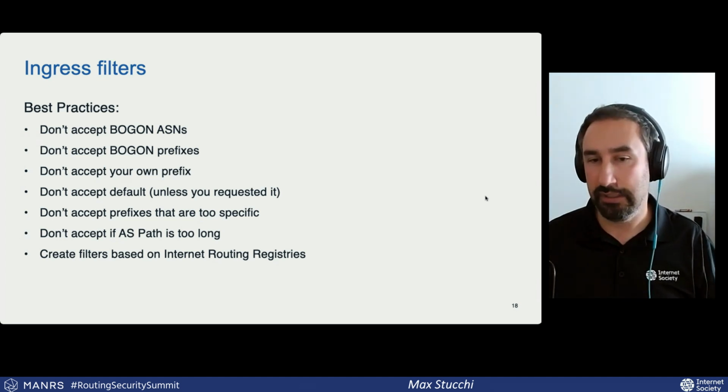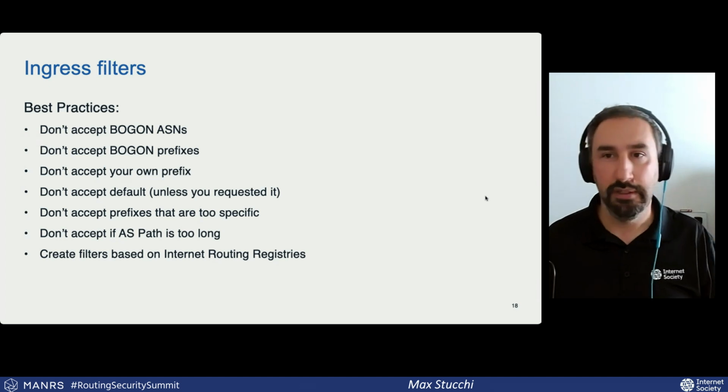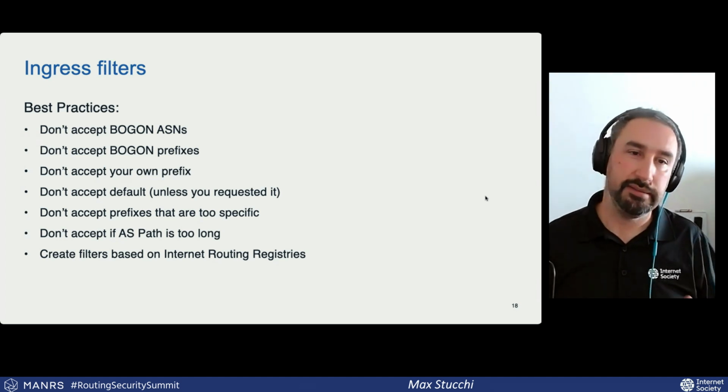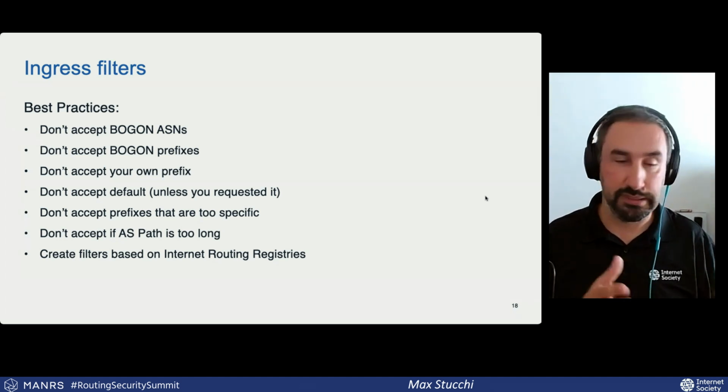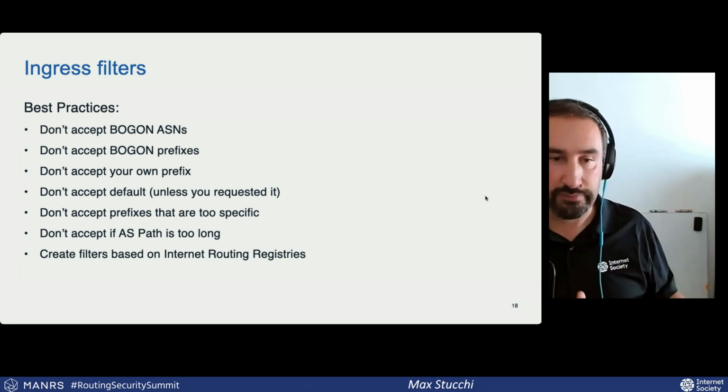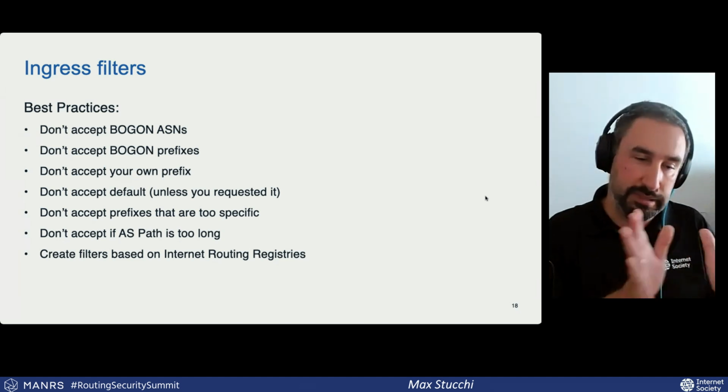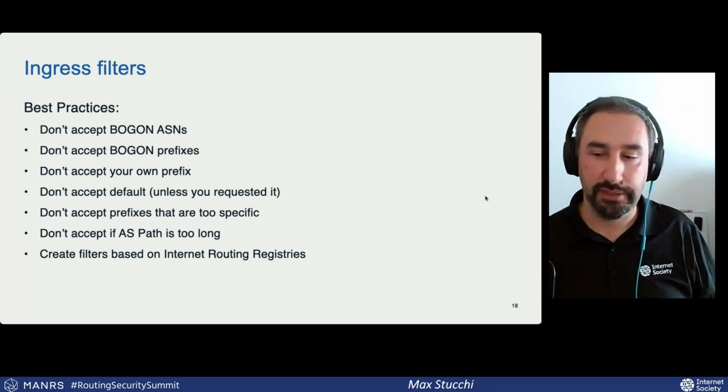Those are smaller allocations, or rather assignments, for a /48, or sometimes a /46, up to /44, something like that. But they come from a specific part of the address space.